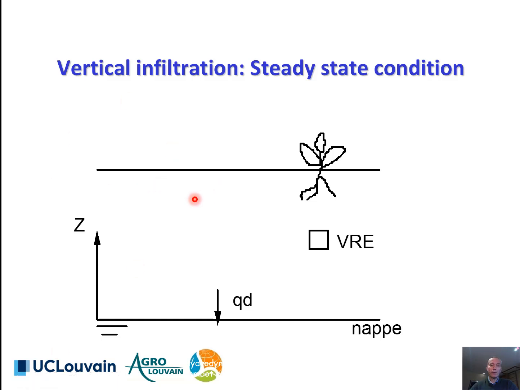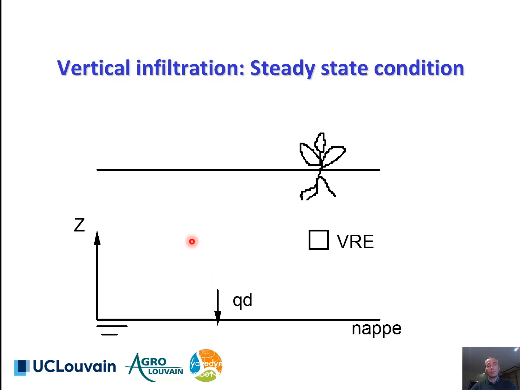We have a soil, of course characterized by a soil-air interface, and at the bottom of the soil profile we have a groundwater table. And we consider that there is an infiltration flux passing through the soil, reaching the groundwater, and that this infiltration flux is actually steady state, which means that it does not vary as a function of time. And so what we would like to know is, well, what is the consequence of this flux in terms of water content within the profile?